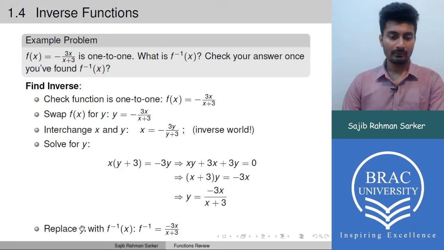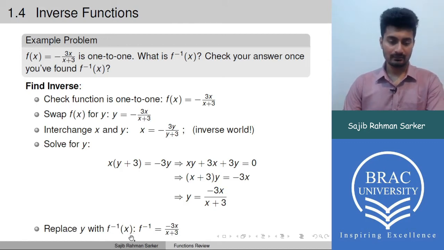Now, replace y with f inverse of x. In place of y, we just write f inverse, and everything else is the same. Great, we already found the f inverse of this function. We were given a function and we figured out its f inverse using some simple steps.